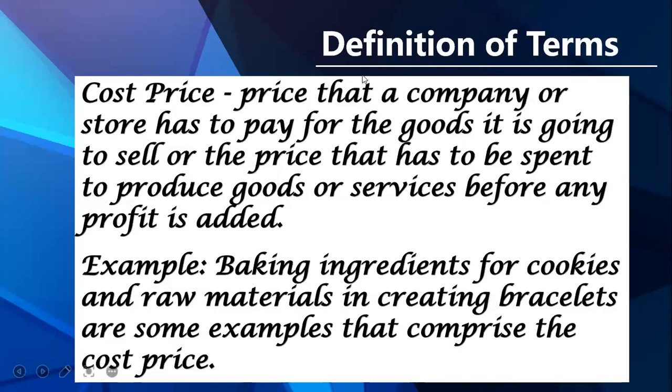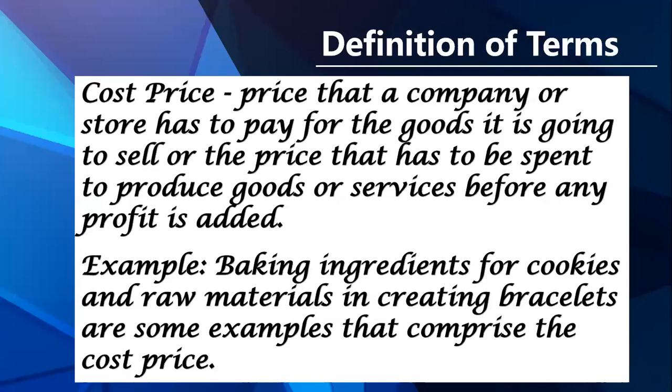So let's first define what is cost price. Cost price is the price that a company or store has to pay for the goods it is going to sell, or the price that has to be spent to produce goods or services before any profit is added.